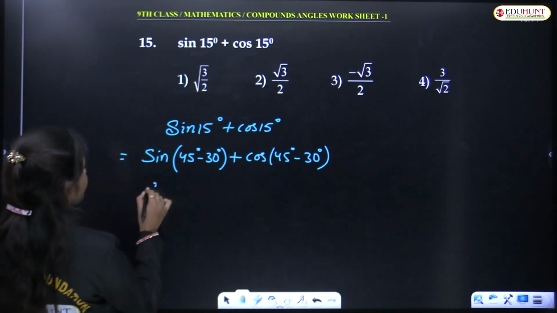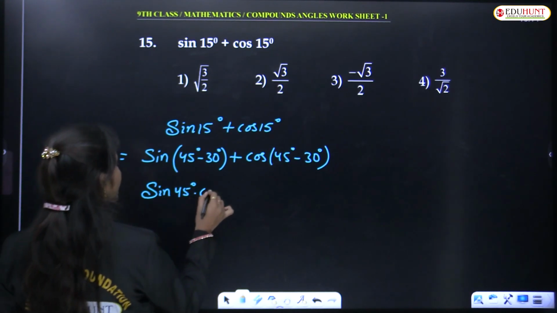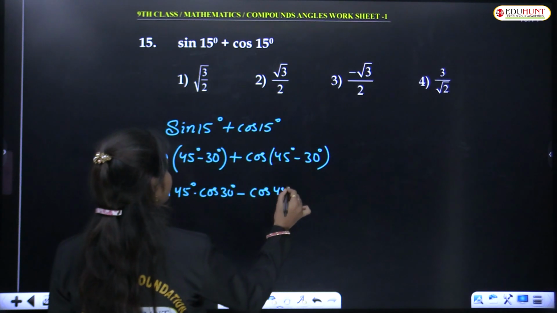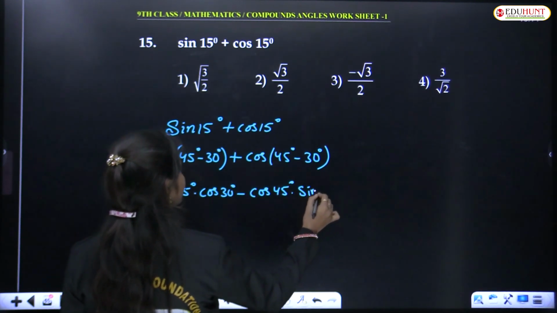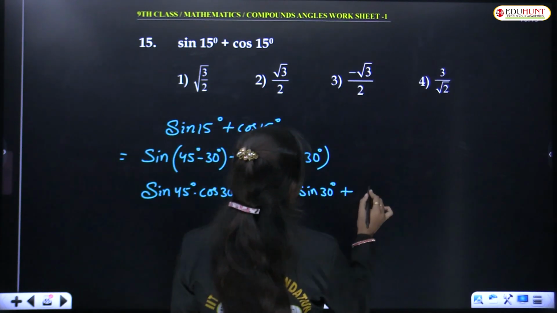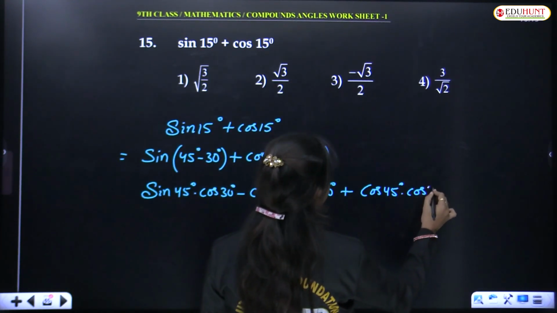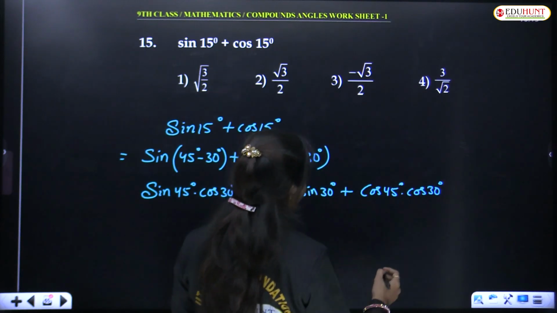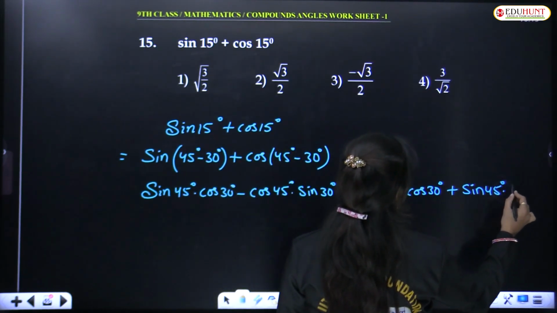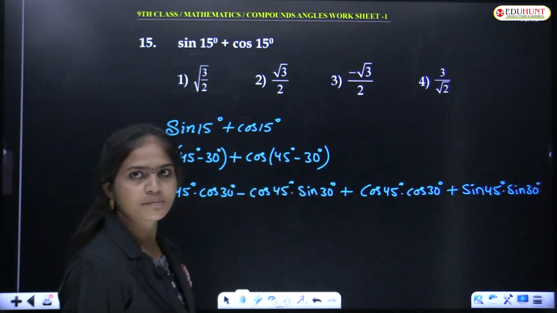So by the formula, sin of a minus b is sin a cos b minus cos a sin b, plus cos of a minus b is cos a cos b plus sin a sin b, with a as 45 degrees and b as 30 degrees.